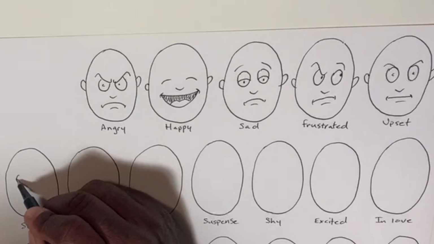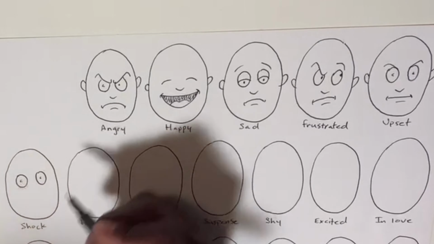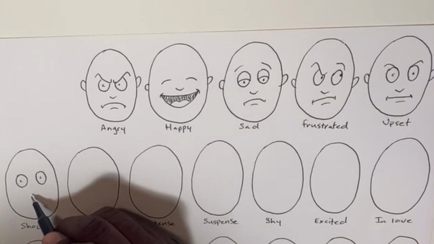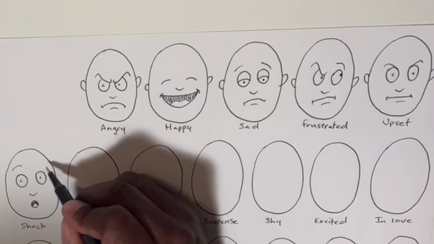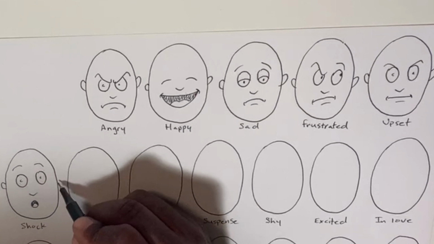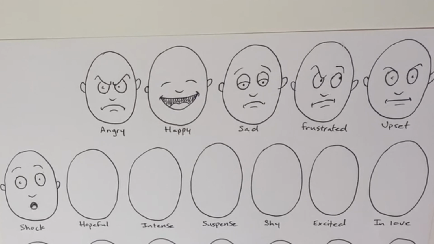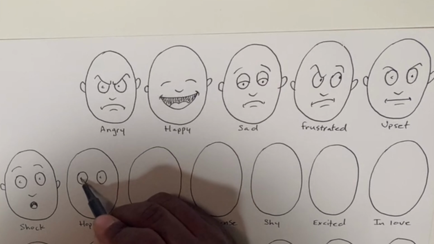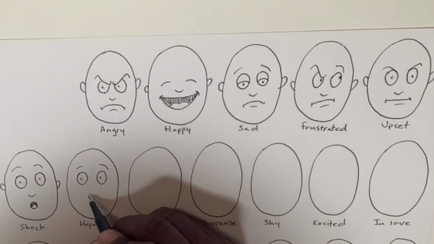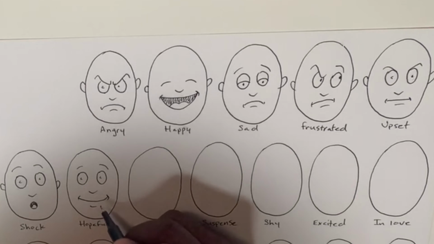And now let's move on to shock. We start with the ovals here. Eyes are usually smaller in the middle there. Let's give him the U. O for the mouth. He is like, oh, wow. Eyebrows a little higher. Ears in there. Hopeful. Similar eyes. Just to show you how you could change the whole look with the mouth there. Just a smile.